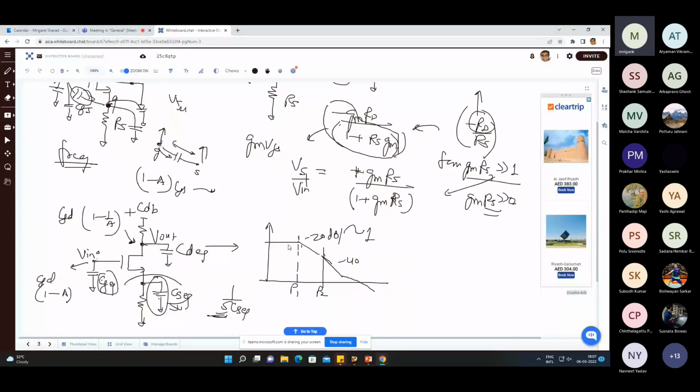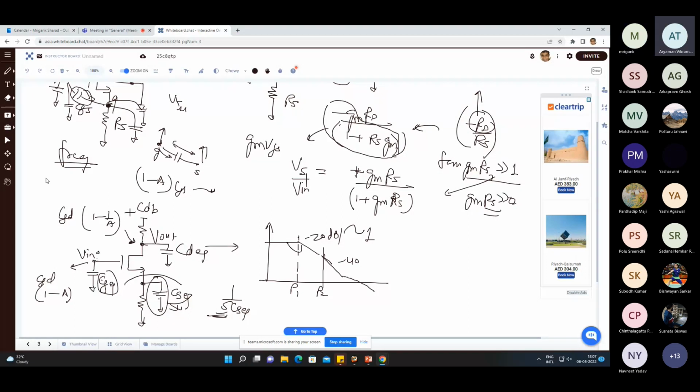This one is effectively like adding a zero, increasing the slope of the gain, adding positive gain or improving the magnitude of the gain. So conceptually, we can understand the effect of these three capacitances on the Bode plot.